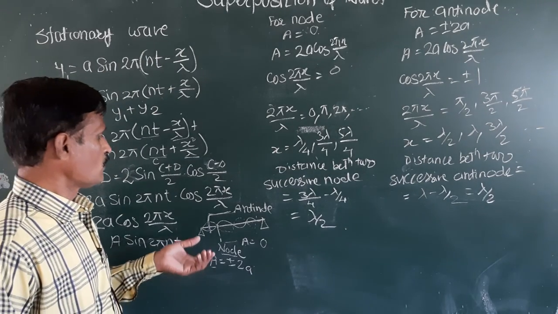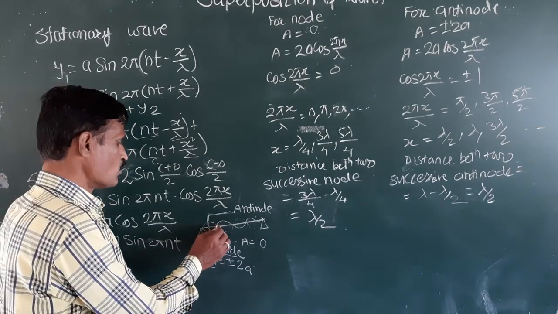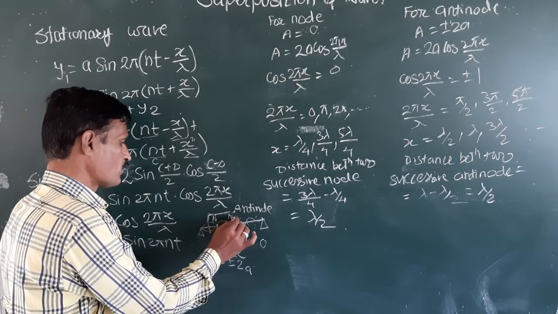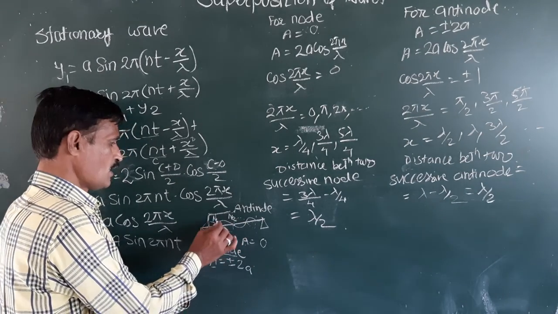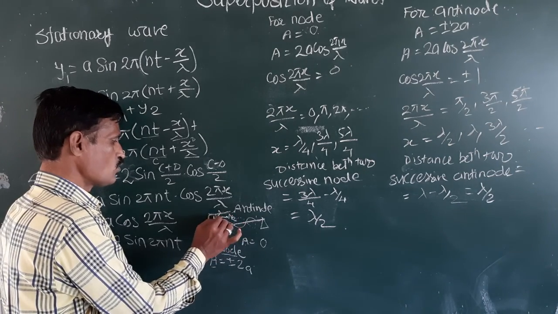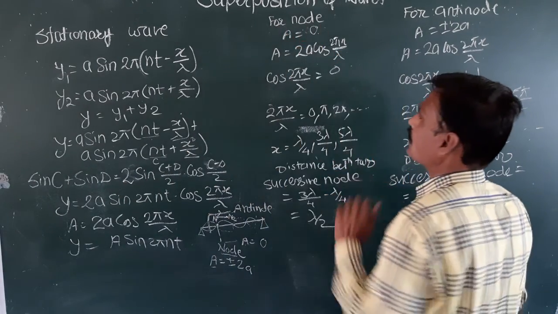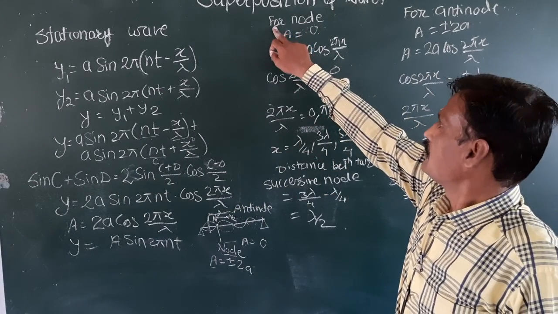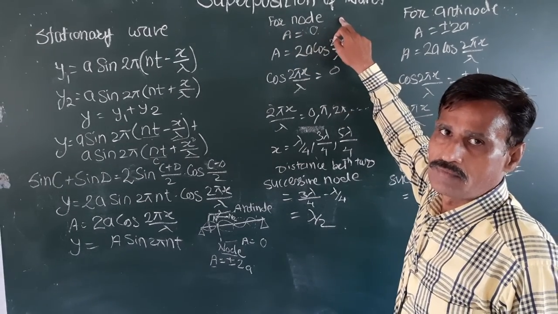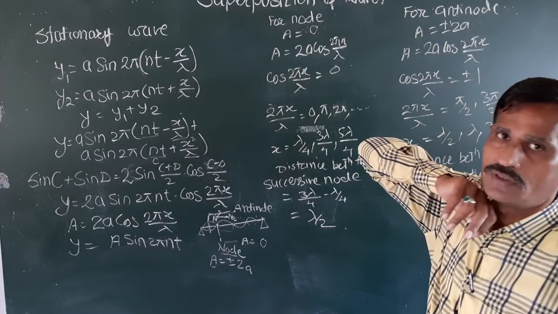Now, the distance between two successive nodes. This is one node N1 and this is another successive node. If we want to find the distance between two successive nodes, we consider the node condition. The displacement at this point is minimum and the amplitude is 0. So A is equal to 0.